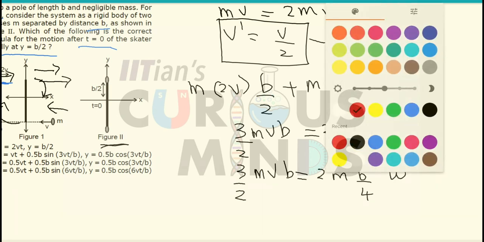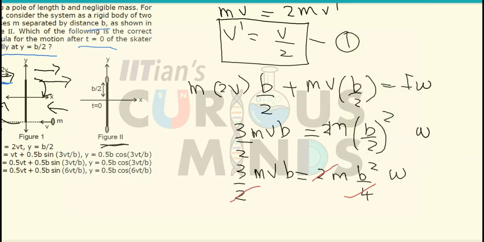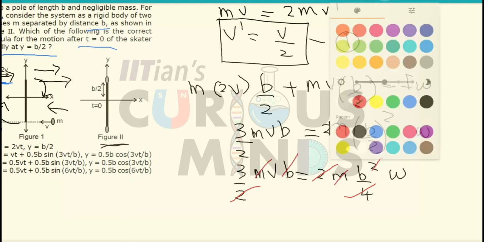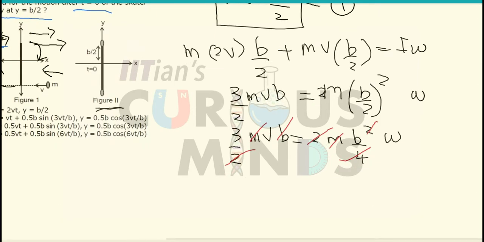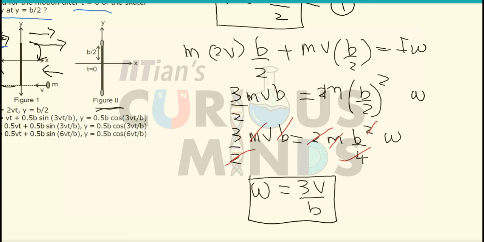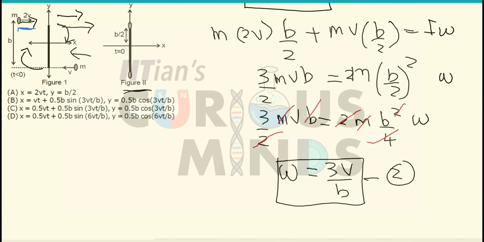Over here, m and b will get cancelled out, so omega will be equal to 3v divided by b. The angular velocity gained by the system will be equal to 3v by b. Let this be equation number 2. I will use this later. Now there are two figures given, that is, the figure before the impact and after the impact.